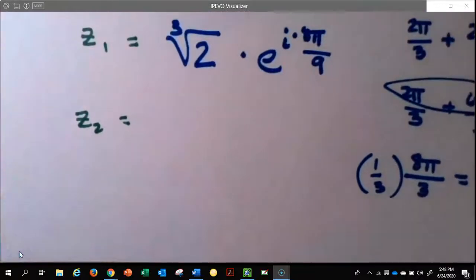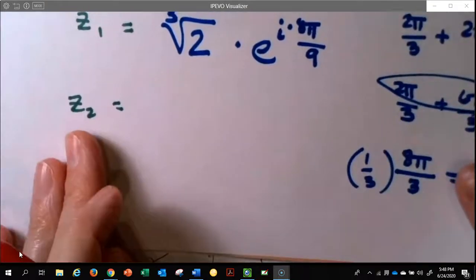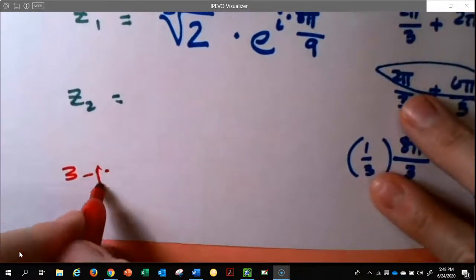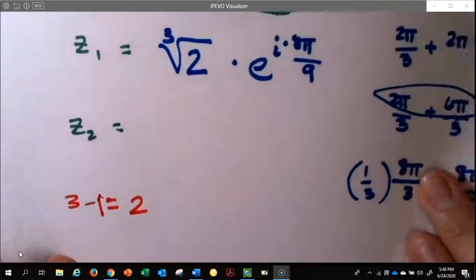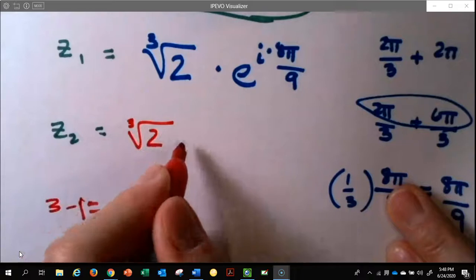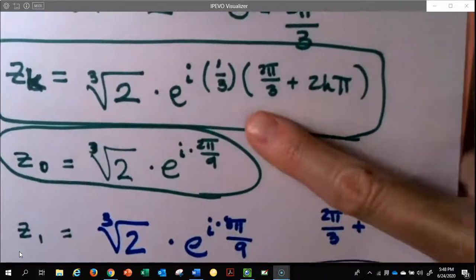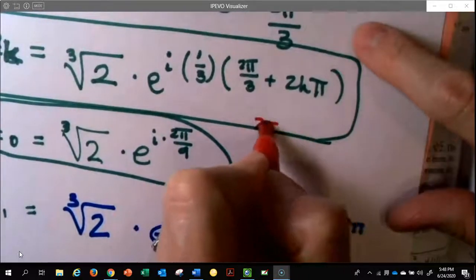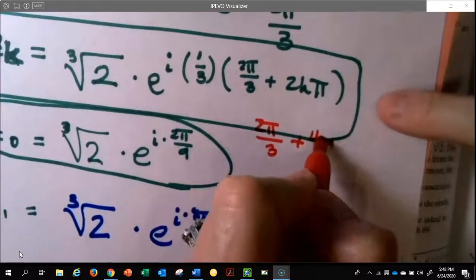Again, this would be a great place for you to pause and work on this next one by yourself. We are now at z sub 2, and that's the last one, because 3 minus 1 is where we stop. So here we are at z sub 2. I've got my cube root of 2 times e to the I times, and pause. It's going to be a third times this stuff in here. I'm going to go ahead and write up here since we're almost done. I've got 2 pi over 3 plus 2 times 2 is 4 pi.